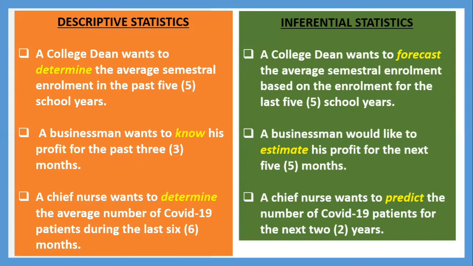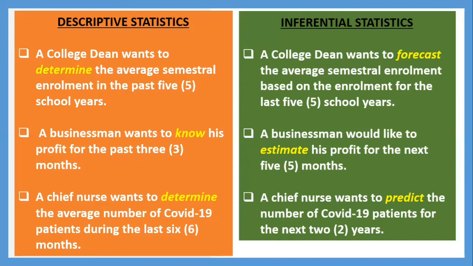Okay, in descriptive statistics, our first example would be a college dean wants to determine the average semestral enrollment in the past 5 school years. So the verb that we may use is determine, meaning to say our college dean is just trying to describe, just trying to know the average semestral enrollment in the past 5 years.